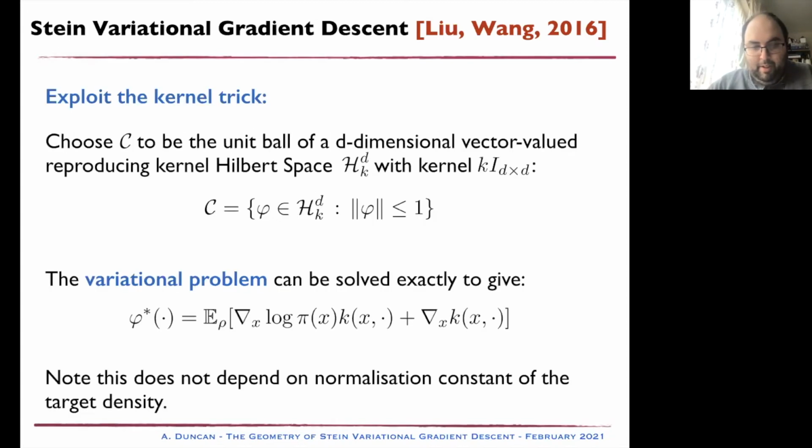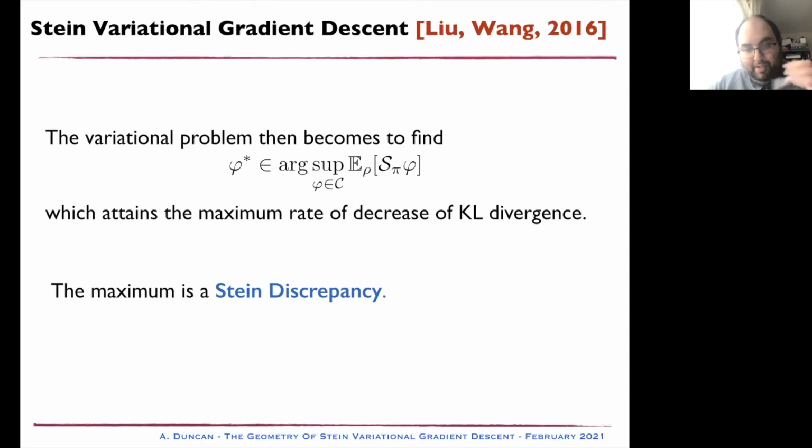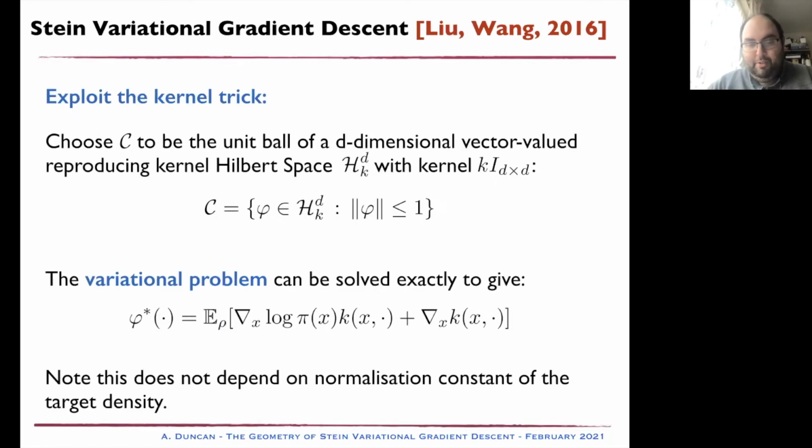Basically then, the key point, all that's left, is to find a way to solve this optimization problem. The natural approach in this context is to exploit something like the kernel trick, and that's exactly what the authors did. They chose C to be the unit ball of a vector valued reproducing kernel Hilbert space associated with this kernel here, so basically this set of vector fields.